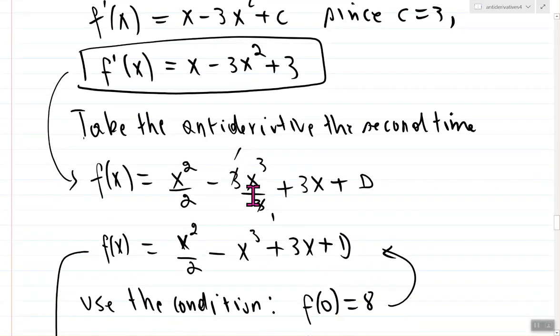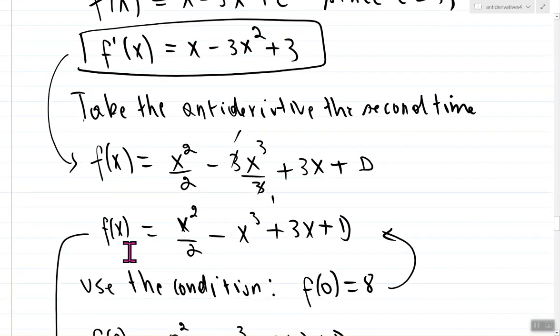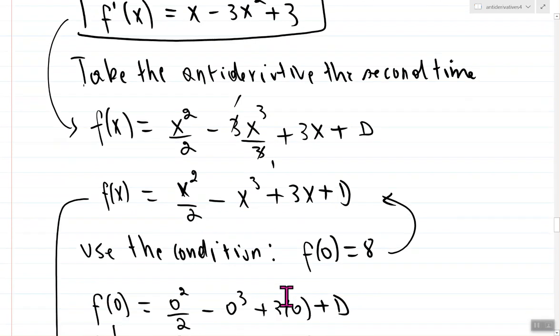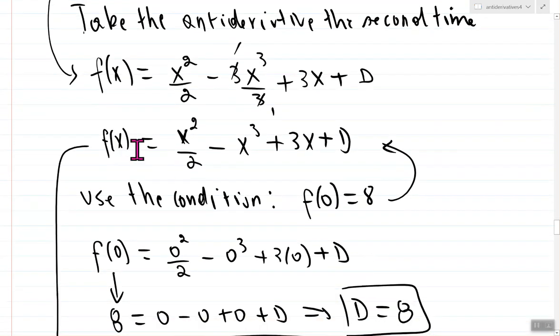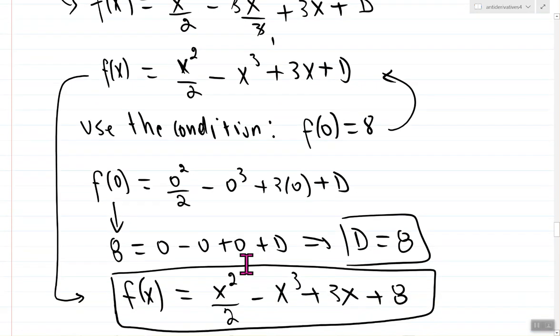After simplification, we get f of x equals x squared over 2 minus x cubed plus 3x plus d. And then we use the second condition that they give us, f of 0 equals 8. So we go to this function f of x, we plug in x equals 0 wherever x is, and then plus d. Based on this condition, this side will be 8. So we get 8 equals d.